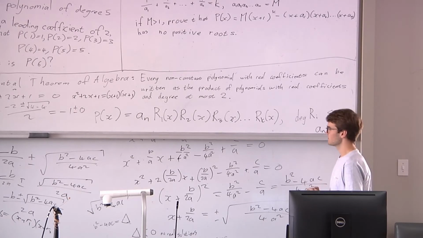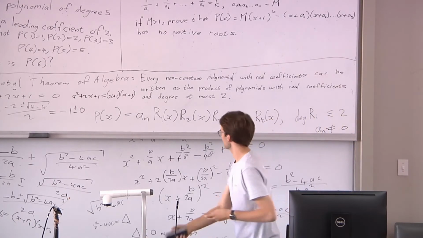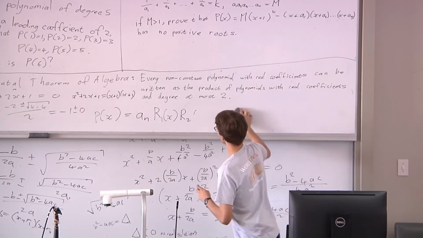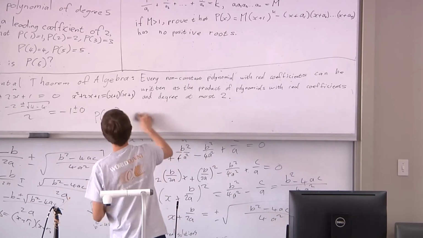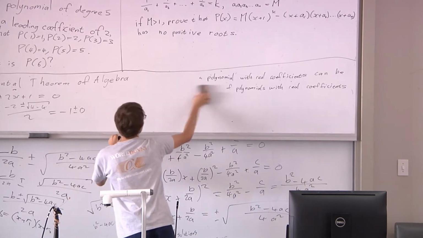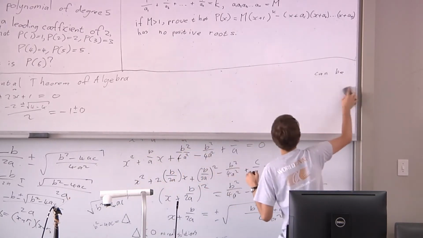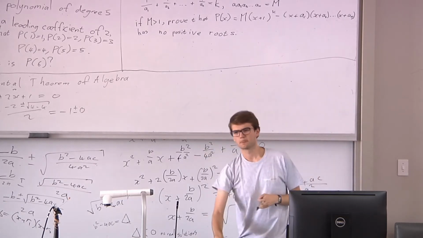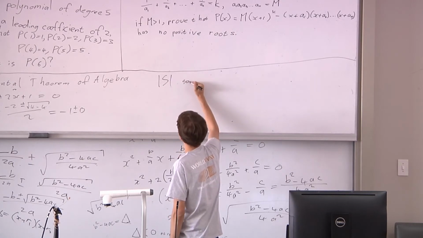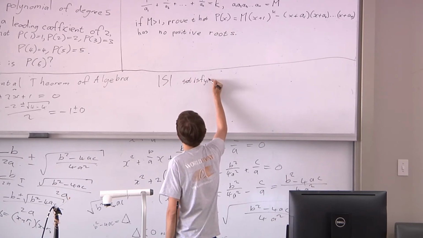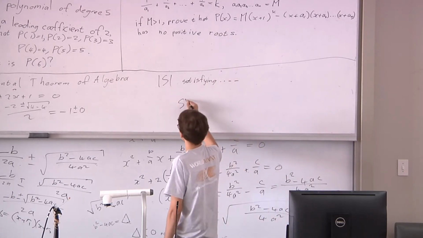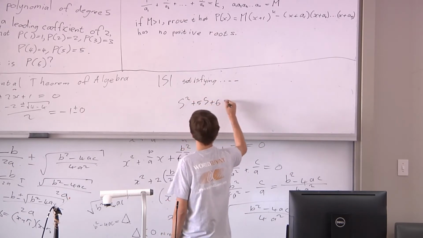So, for instance, if you have something like a combinatorics question where you have to find the size of some set satisfying whatever it is, and you get that s squared plus 5s plus 6 has to be 0.